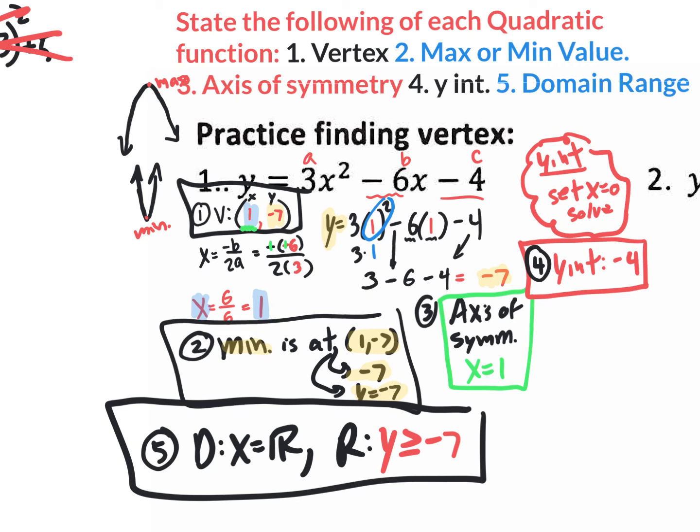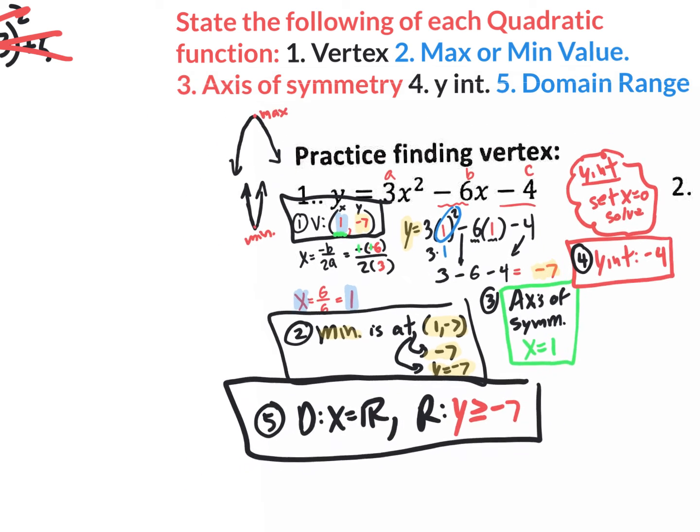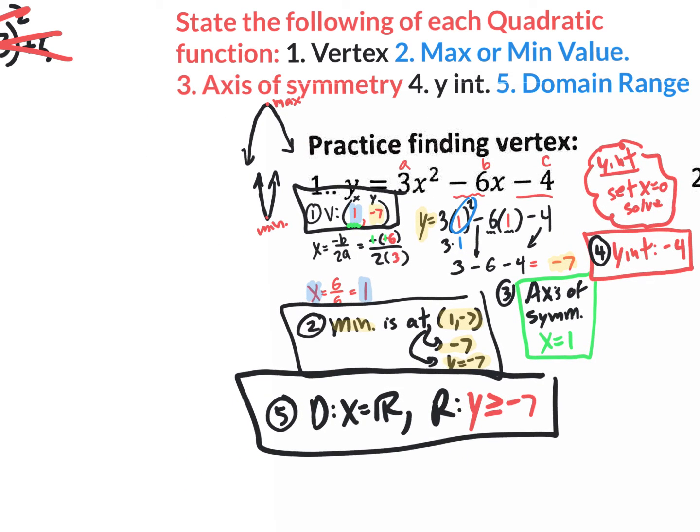So just to make everything related on a graph, this parabola, I'll do a quick sketch. The vertex is 1 on the x, negative 7 on the y. It's going to be way down here somewhere, right? Just going to put a dot right there. That's a vertex, negative 1, negative 7. I know that it's opening up because the a value is positive.